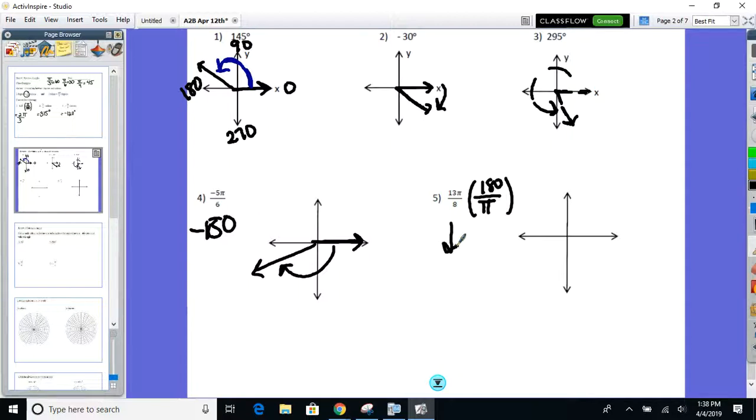What do you got for as a degree? 292.5. What quadrant? Quadrant 4. Closer to 360 or 270? 270, yep. Going in a counterclockwise direction.